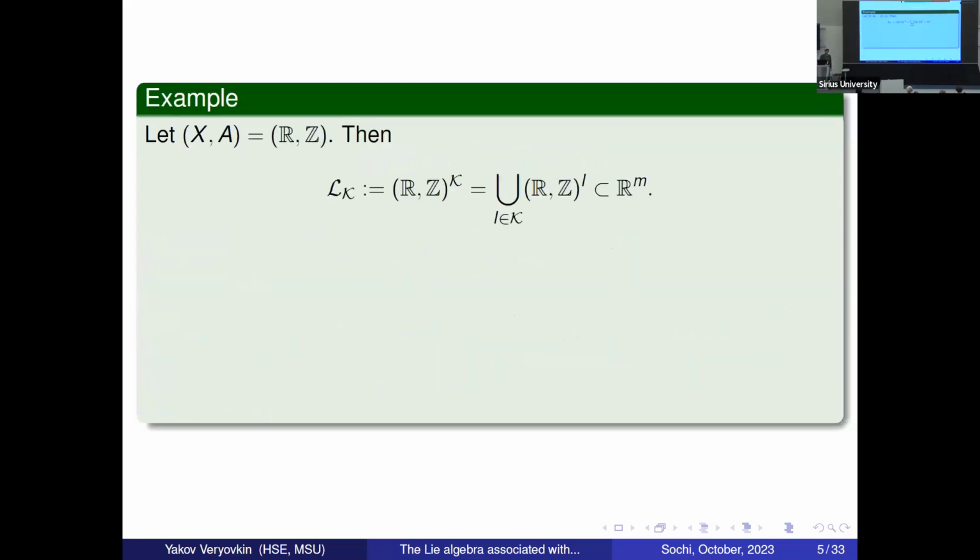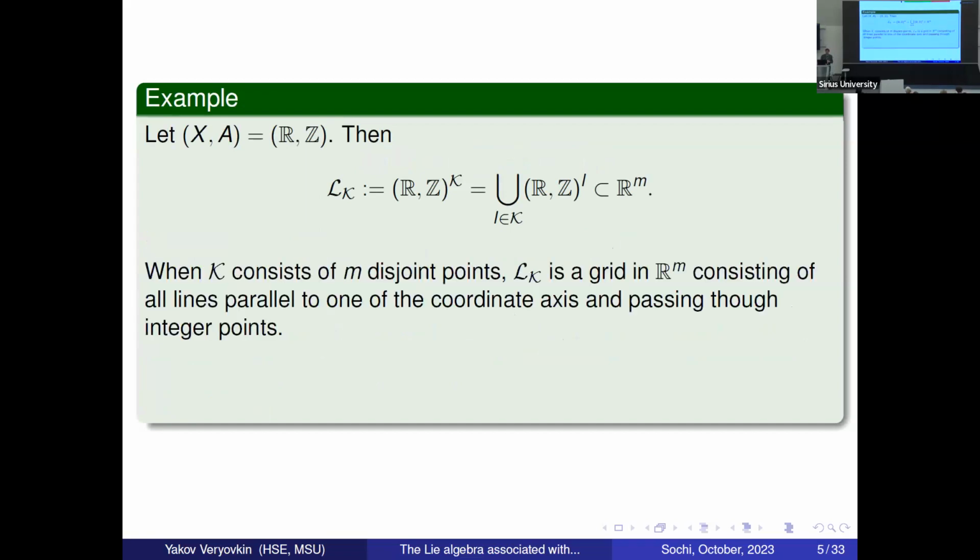We have the next example. Let X be R and A be Z. Then we have L K, (R, Z)^K. When K consists of m disjoint points, this is a grid in R^m, consisting of all lines parallel to one of the coordinate axes and passing through integer points.